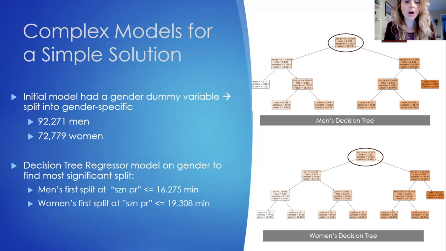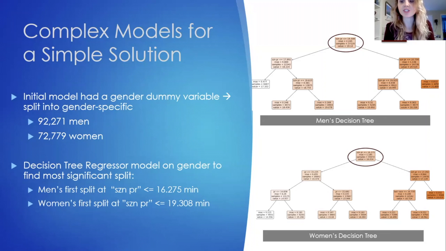This is an example of the modeling process that I went through. I went through a couple of very complex models to identify a simple solution. It was important that I come up with a simple solution that I could communicate to coaches in the NCAA in such a way that they would not only understand, but be able to use and apply to their own teams each year.